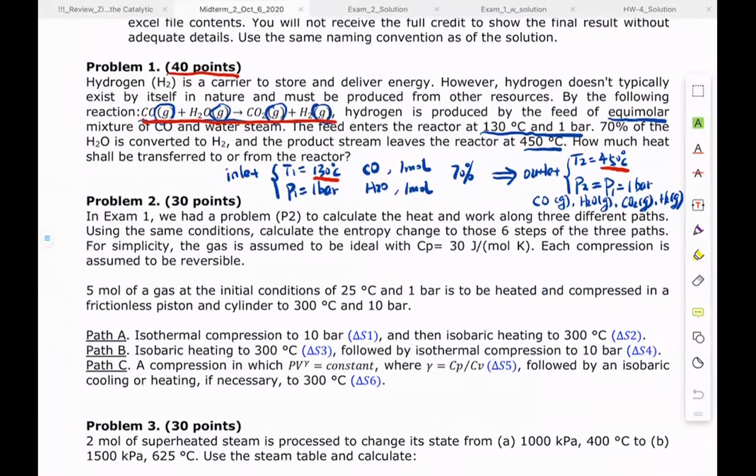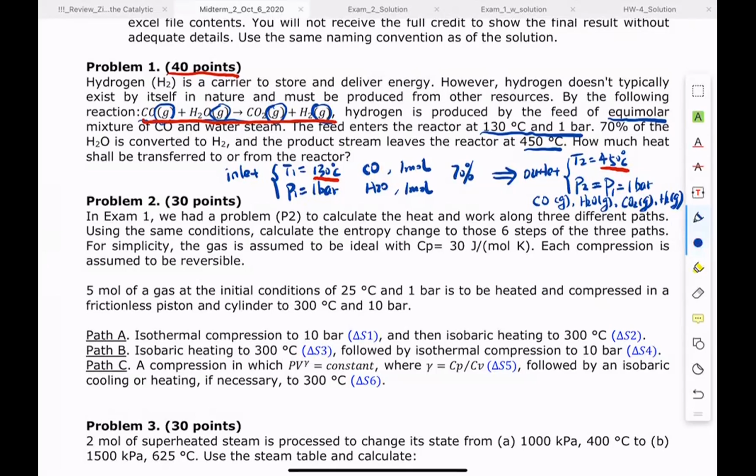The second problem says in exam 1, we had a problem, which is problem 2, to calculate the heat and work along 3 different paths using the same condition. So we are going to use the same condition.